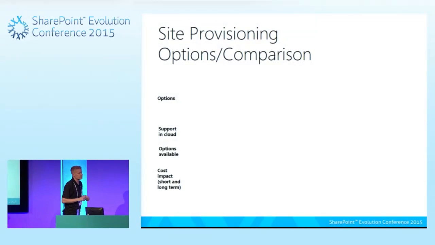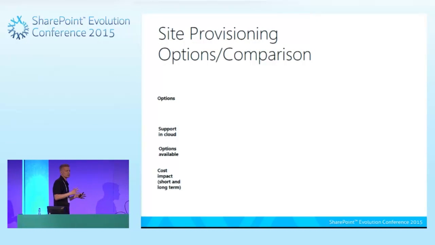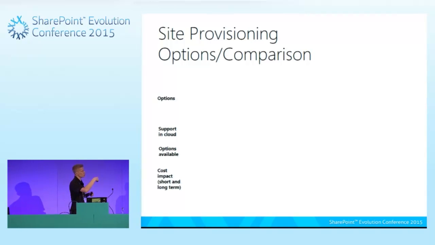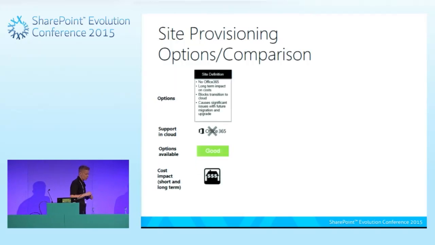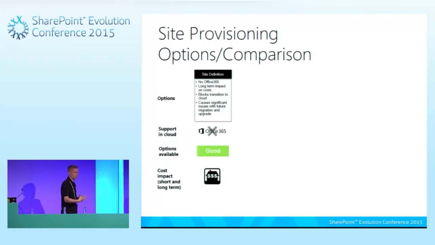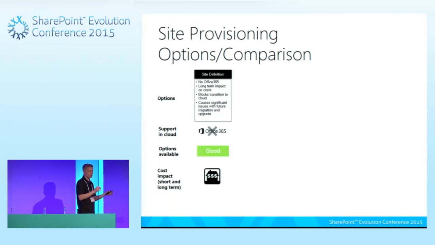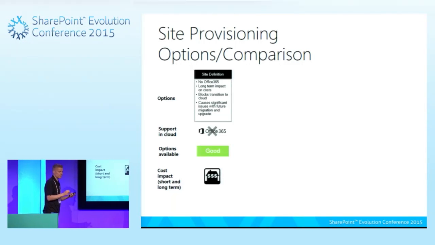Good. This is just a summary slide when we think through individual provisioning types. I didn't want to go through all of this as an intro, but when you think about the different ways of provisioning SharePoint sites, we have the site definition, something which we introduced properly in 2007. We created it with XML, but the problem with site definitions is that it requires farm solutions.